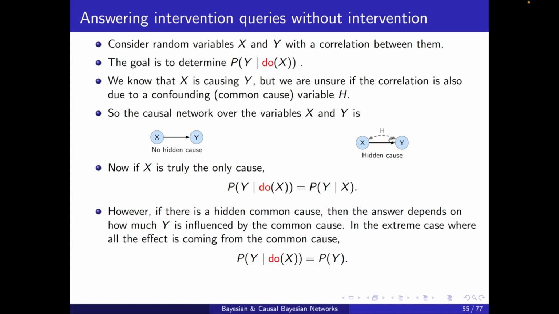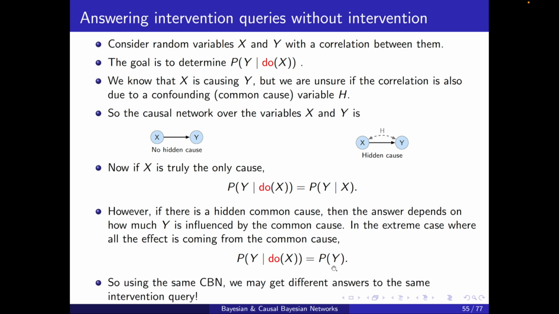In the extreme case, where all the effect is coming from the common cause, nothing from x, then this intervention will be equal to p of y. Right? So it will not depend at all on x. It will completely depend on h. So if I intervene on x, it will be simply p of y.